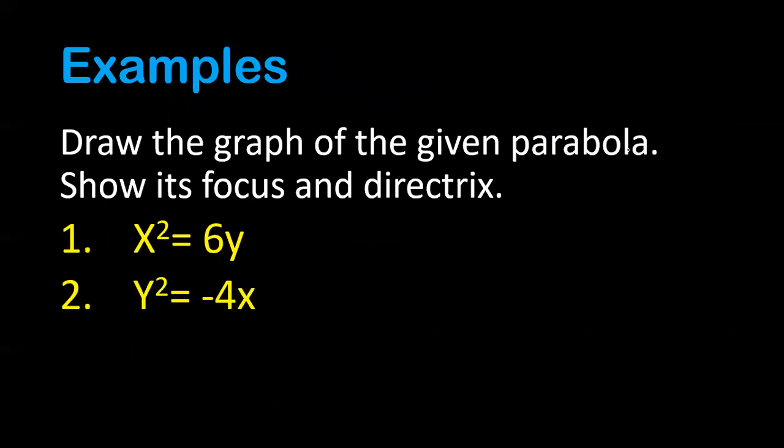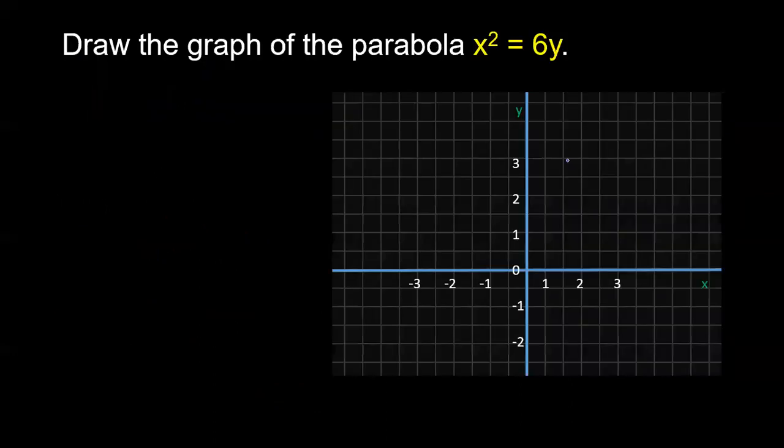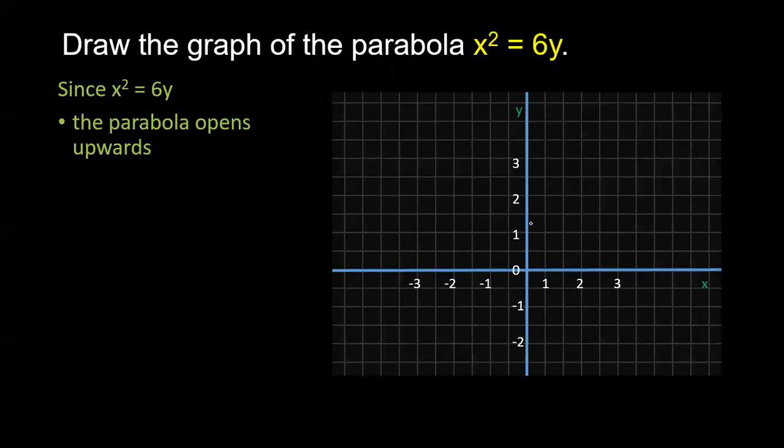So examples, let's draw the graph of the given parabola. The first one, you're asked to draw the graph of the parabola x squared is equal to 6y. We're also asked to show the focus and the directrix. So here, since your equation is in the form x squared is equal to 6y, you know that the parabola opens upwards.